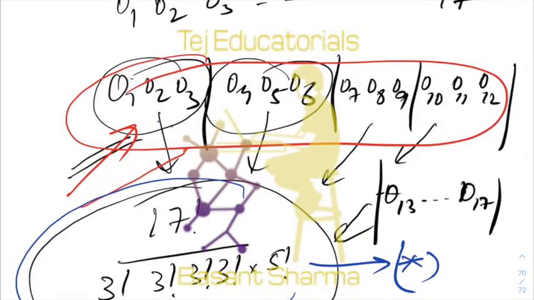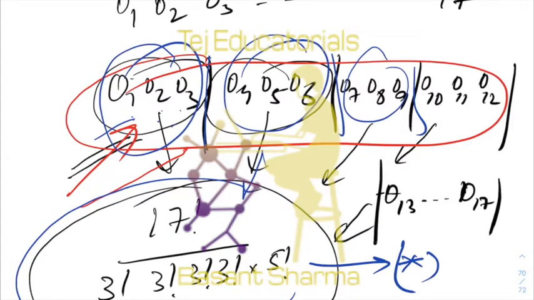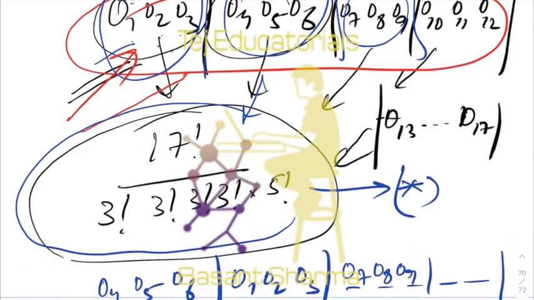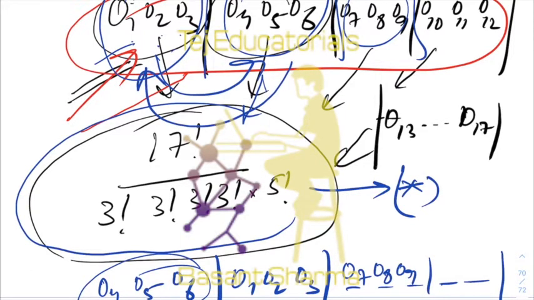Corresponding to every arrangement, for example O1, O2, O3 till O17, you throw that permutation at this partition box, and you get the first group which has O1, O2, O3, the second group which has O4, O5, O6, and so on. Then you have intra permutations happening within the groups, so you finish them off. But this does not take care of the case when O4, O5, O6 comes here and O1, O2, O3 goes here.